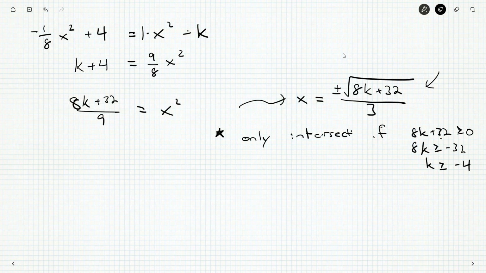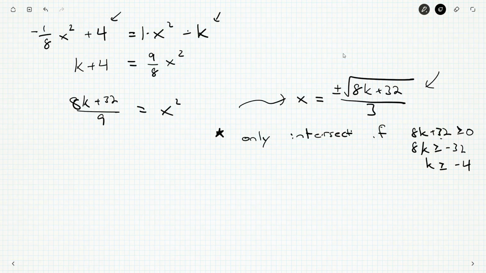And this makes sense. The highest point on the first parabola is going to be 4. The lowest point on this parabola is going to be 0 and negative k. So you'll stop intersecting if negative k is greater than 4. If negative k is less than 4. Wait, what?